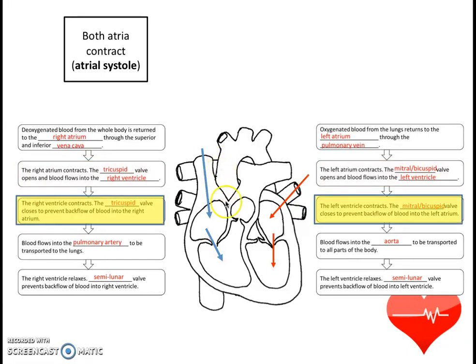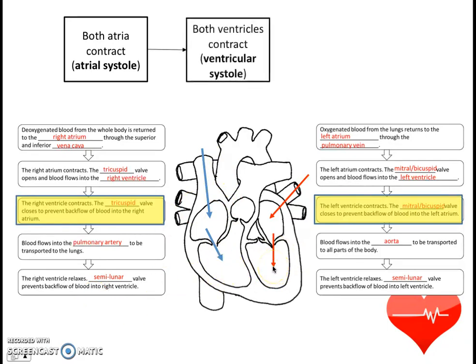The right ventricle and the left ventricle contract together as well. And this we call the ventricular systole. Ventricular meaning ventricles and systole meaning contract. They contract together and pump blood out into their respective blood vessels. So blood will flow into the pulmonary artery and into the aorta at the same time.